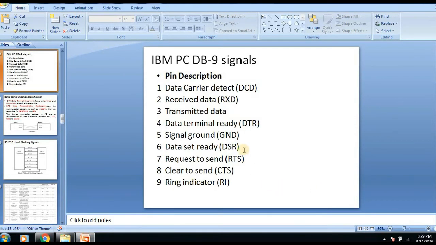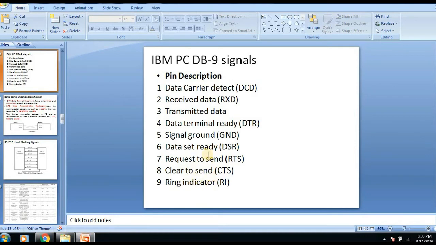These are the pins present in the DB9 connector: first the data carrier detect, then received data, that is the RxD pin, then the transmitted data, that is TxD, data terminal ready, ground, data set ready, request to send, clear to send, and then the ring indicator.